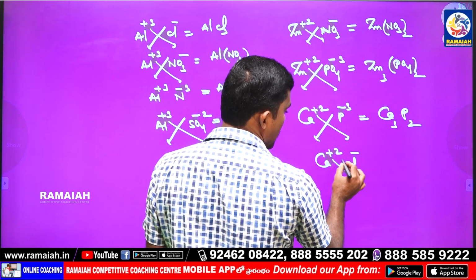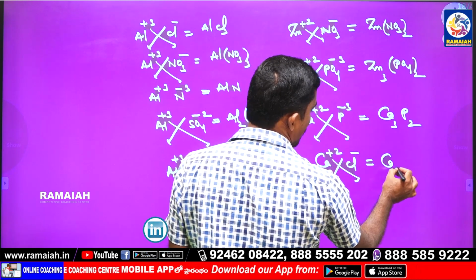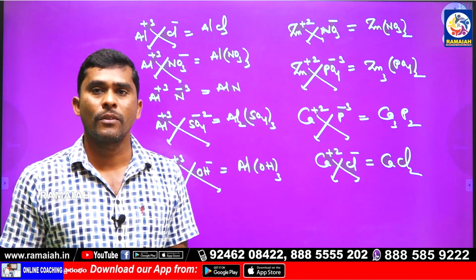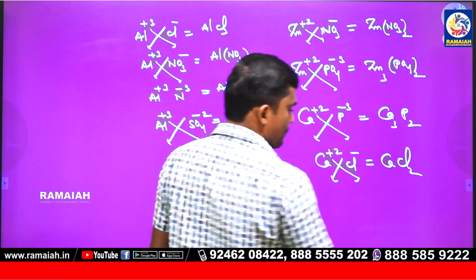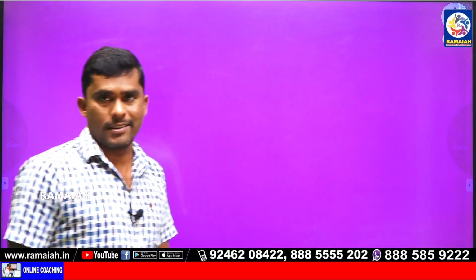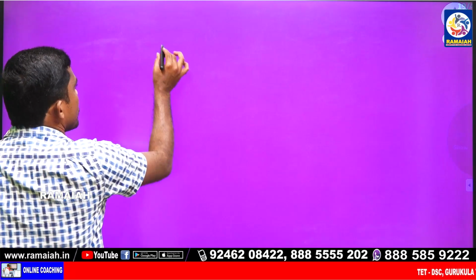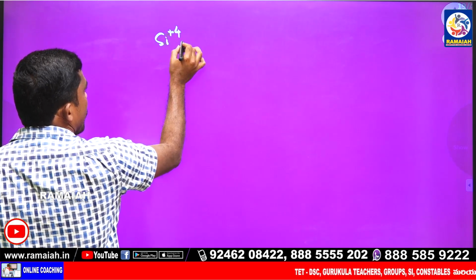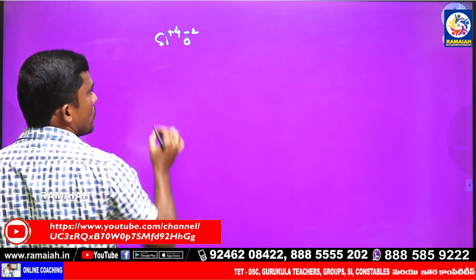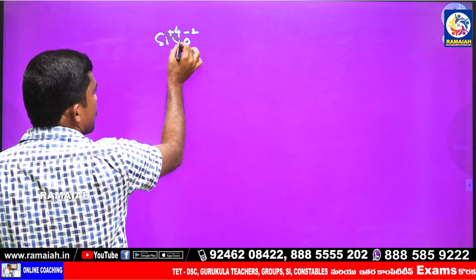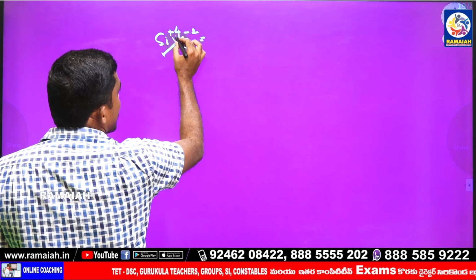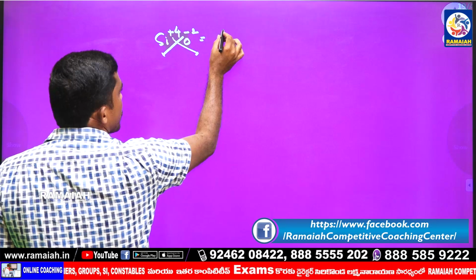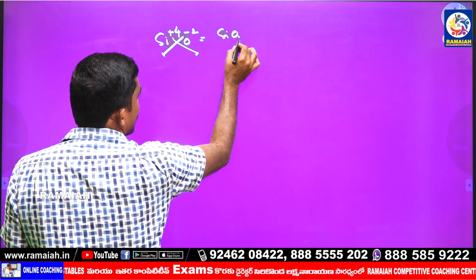Then the formula is CaCl2. Okay. So for example, silicon dioxide. What is the formula? Silicon plus 2 or plus 4? Plus 4. Oxide O minus 2. Here plus 4, here 2. So here 2, here 4. So the ratio is 1:2. So SiO2.